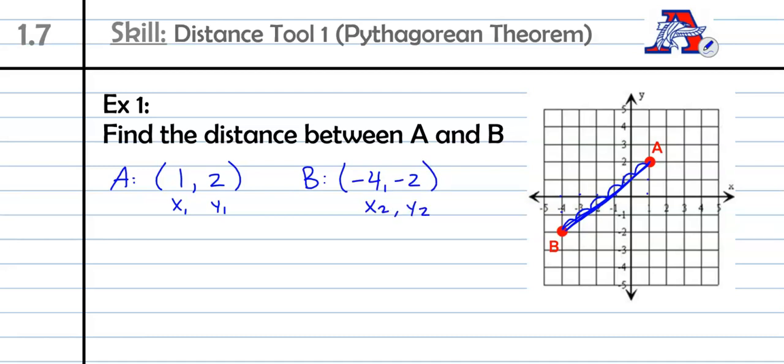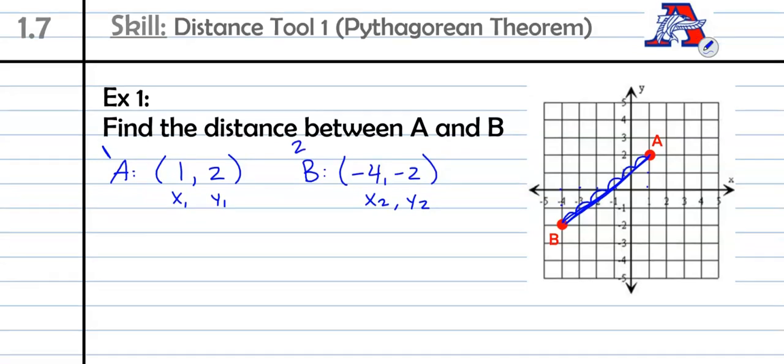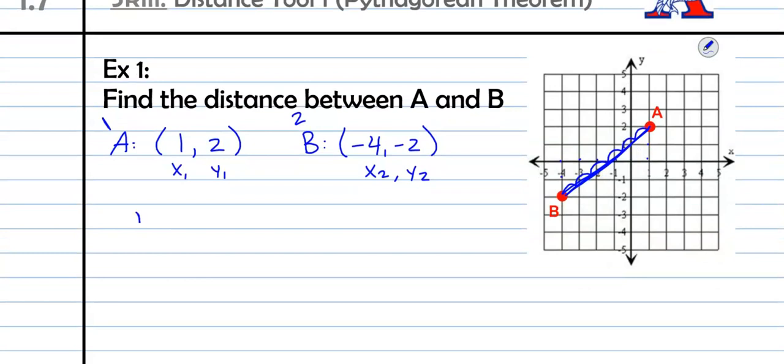So we're thinking of point A as our first point and point B as our second point, and that's why it's getting the 2's in the subscripts. Okay, at that point, we're going to use that distance formula. The distance formula says make a really big square root sign and do x2 minus x1. So -4 minus 1 and square it. I just took this guy minus this guy. Then I'm going to do the same thing with the y's. -2 minus 2, and square those.